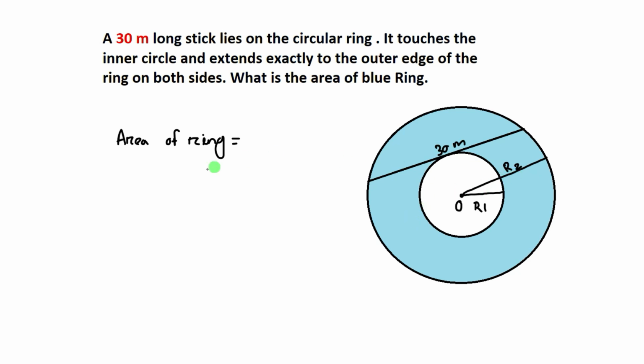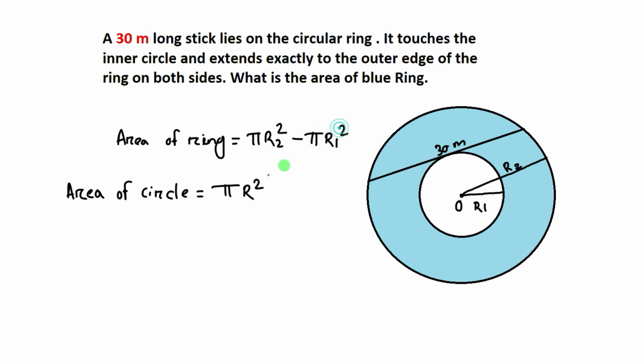We know the area of a circle is pi r square, where r is the radius. So the area of the bigger circle is pi R2 square, as we have taken the bigger circle's radius as R2, minus pi R1 square.